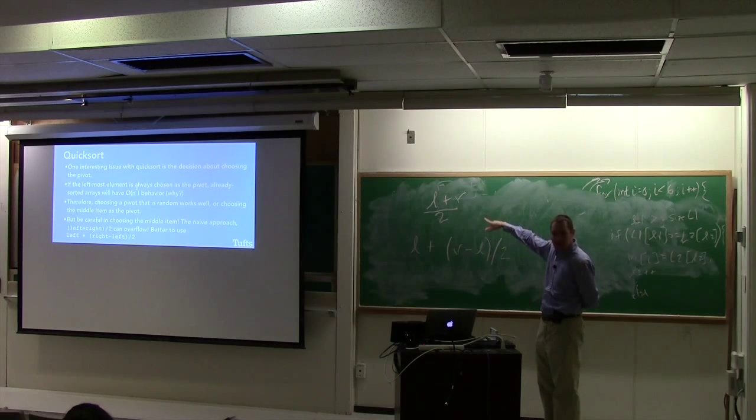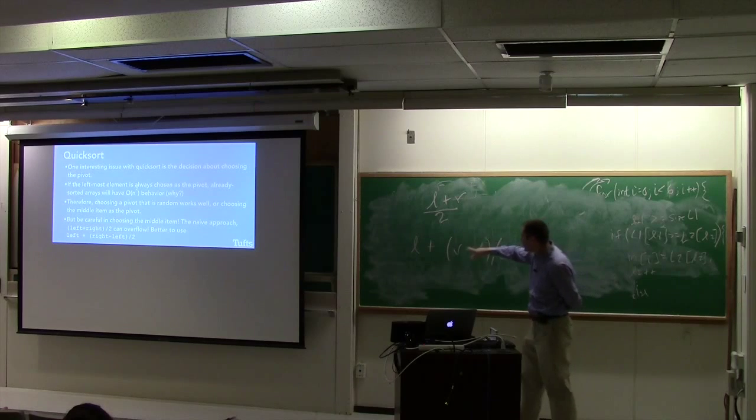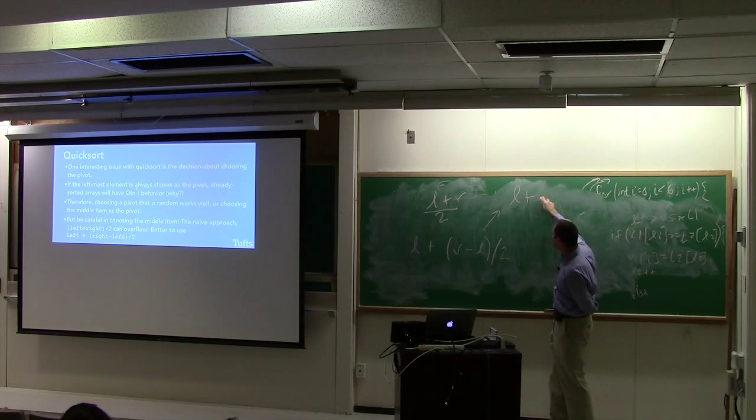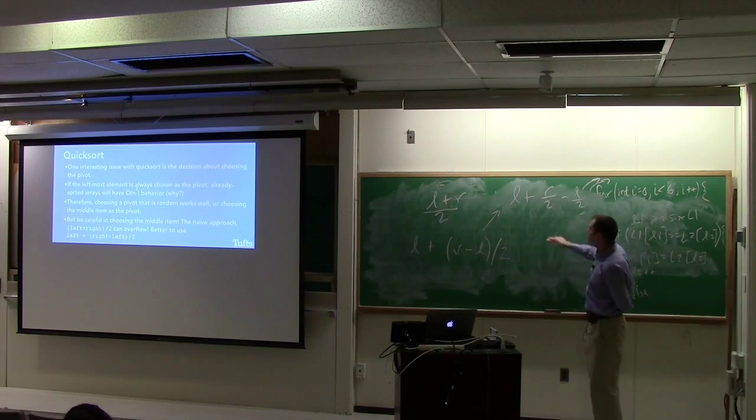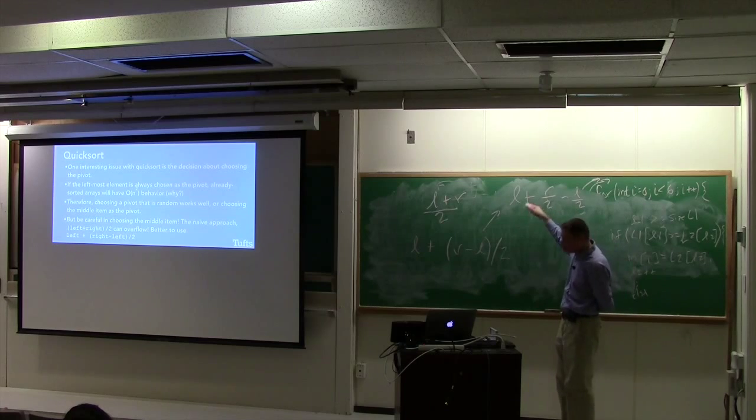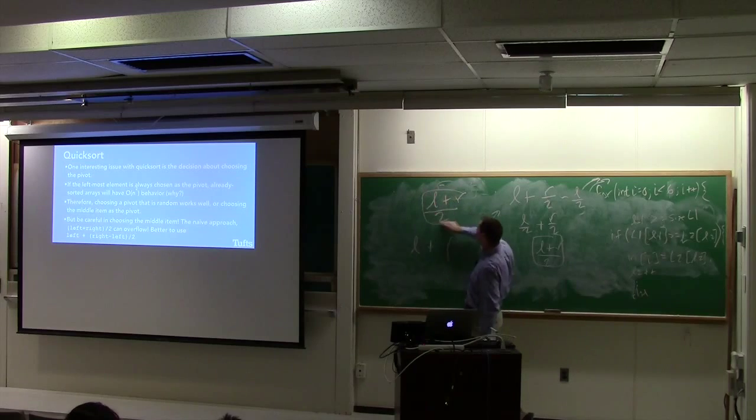Mathematically, aren't these two the same? Let's figure it out. This one becomes left plus right over 2 minus left over 2. What's left minus left over 2? Left over 2 plus right over 2. And then the common denominator becomes left plus right over 2. Those two things are equal to each other.